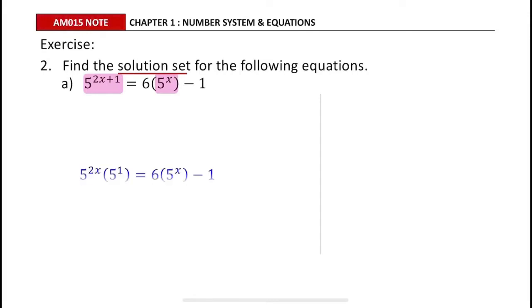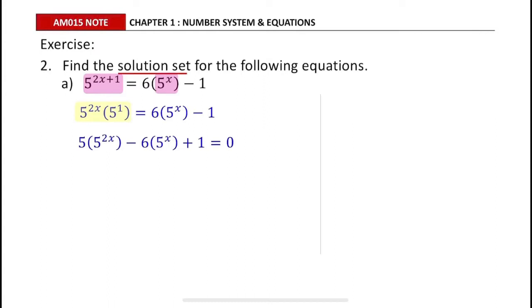So, we can directly apply the multiplication rule, where 5 to the power of 2x plus 1 equals 5 to the power of 2x multiplied by 5 to the power of 1. Then, rearrange the equation so that the right side is 0. And 5 to the power of 1 equals 5 and write it before 5 to the power of 2x.